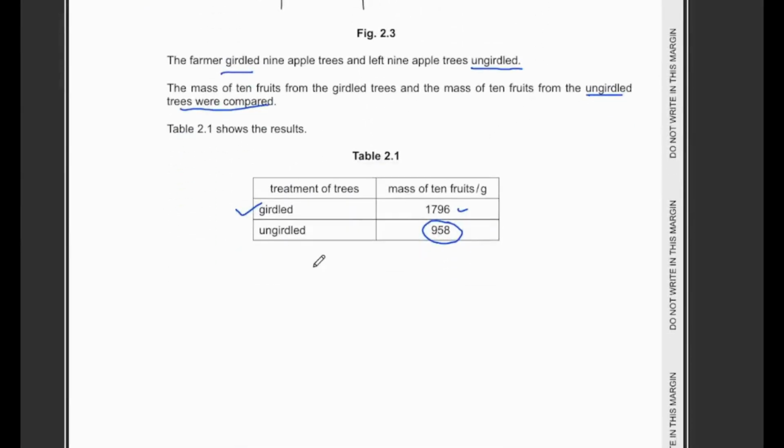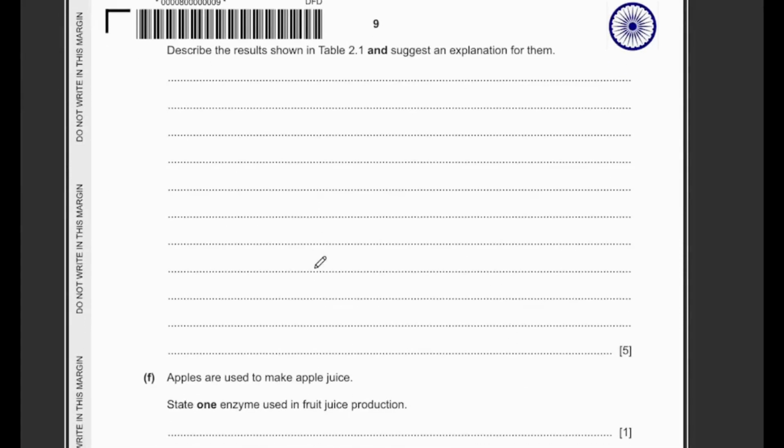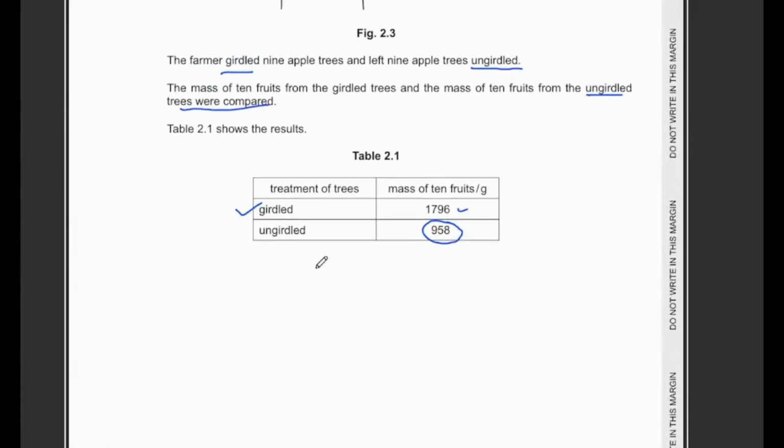So for the girdled one, just see that, describe the result here. According to the table, what we can say is the girdled tree is producing more mass of fruits compared to the ungirdled one, right? That means phloem is transporting.